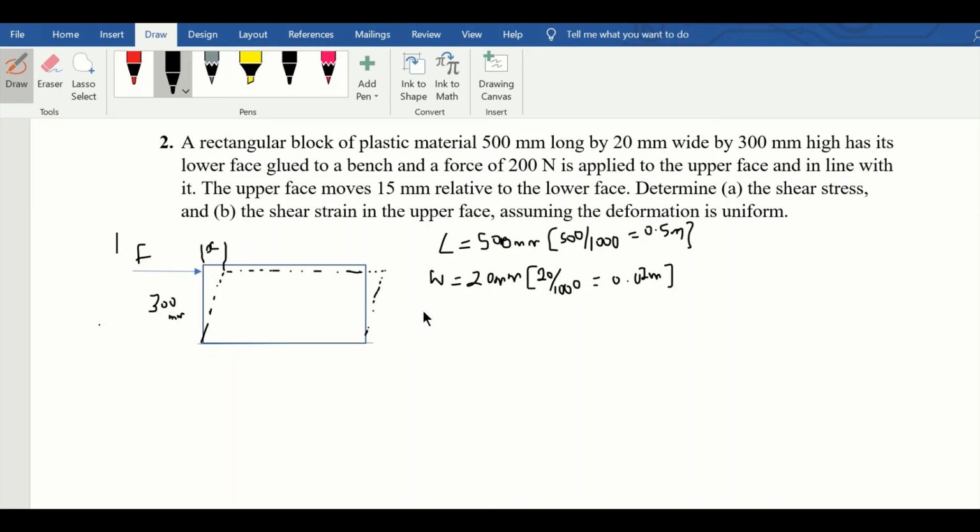Then we have the height. The height is giving us 300 millimeters. We convert to meters, we divide by 1,000, and that gives us 0.3 meters. Now, the force applied to the block is 200 Newton.